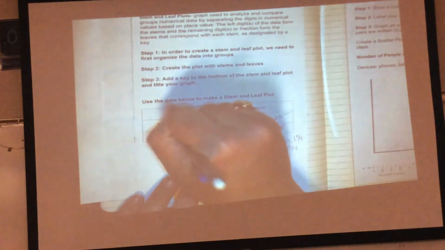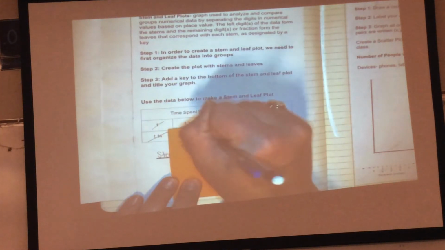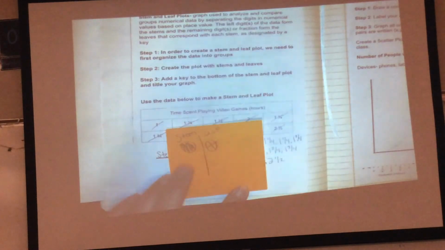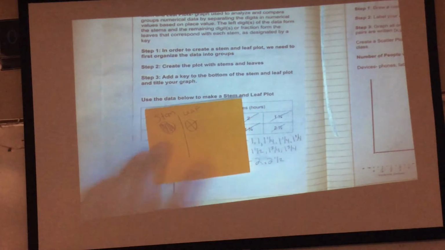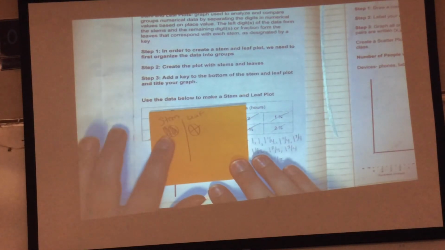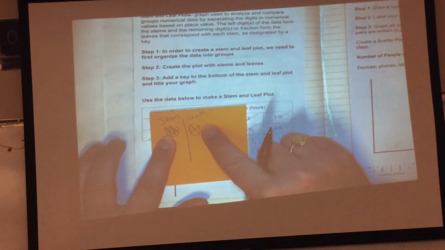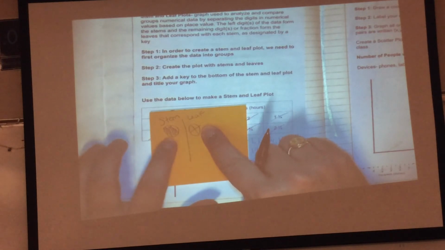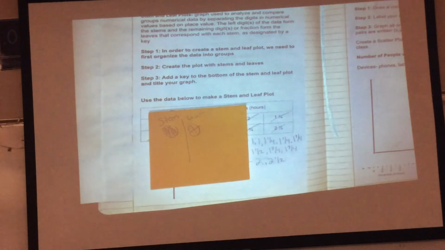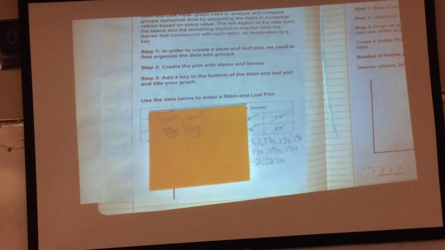Here's my stem, here's my leaf. That'll be 0 fourths. So this represents your stem, which is how many wholes? 1. My leaf is 0 fourths. So it still gives me a placeholder for my leaf, but it leaves the amount 1 whole. I have to have a placeholder that shows there was somebody who played for 1 hour. I get it. That's the placeholder for that.